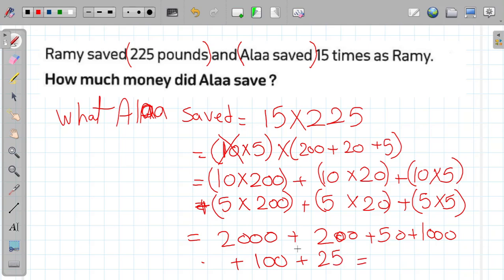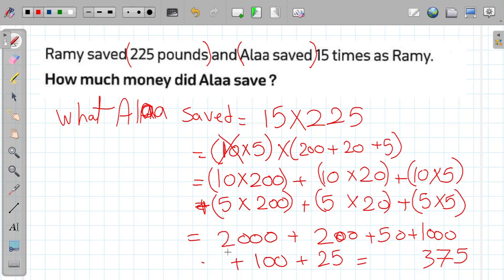So in the ones digit I have 0 plus 0 plus 0 plus 0 plus 0 plus 5 equals 5, and in the tens digit I have 0 plus 0 plus 5 plus 0 plus 0 plus 2 equals 7. In the hundreds place I have 0 plus 2 plus 0 plus 1, it will be 3.